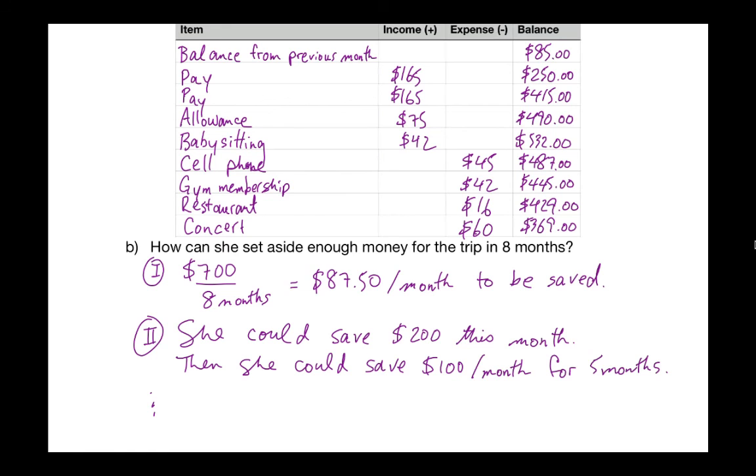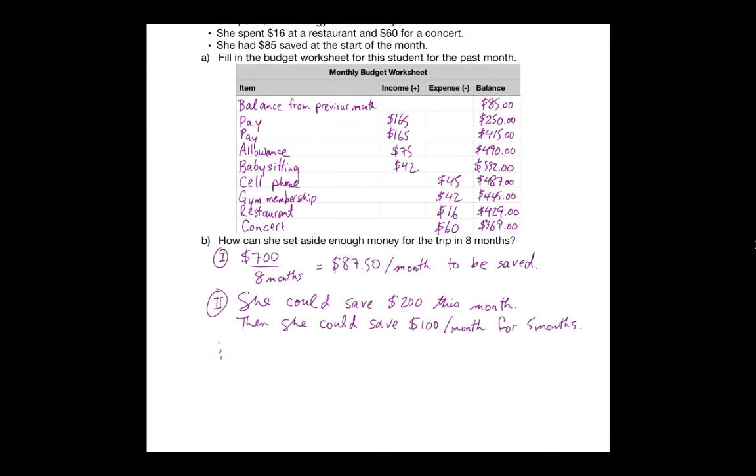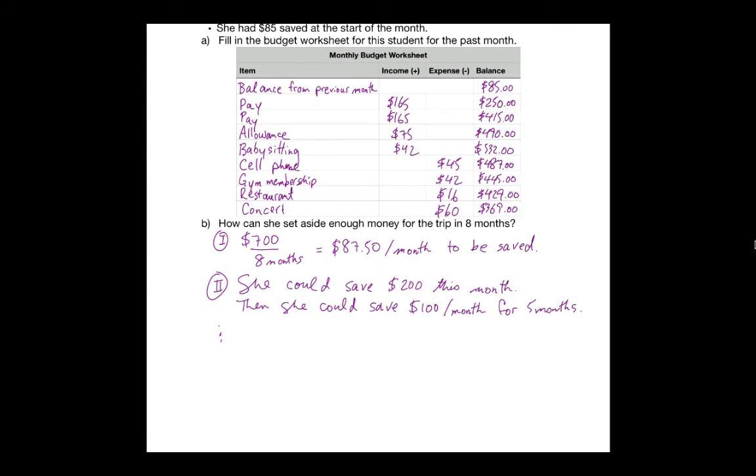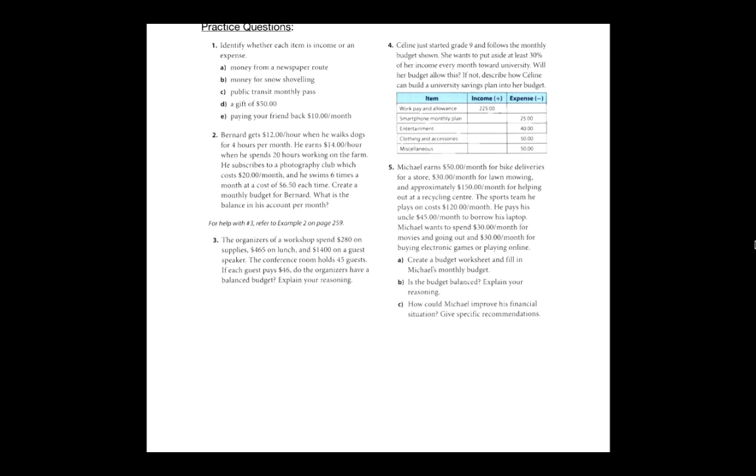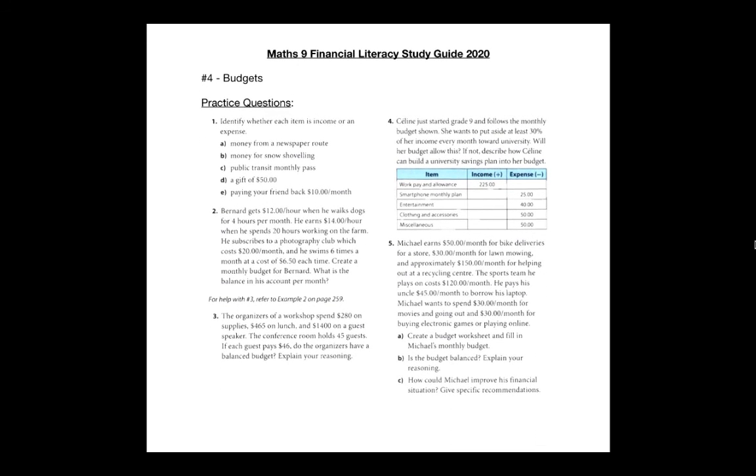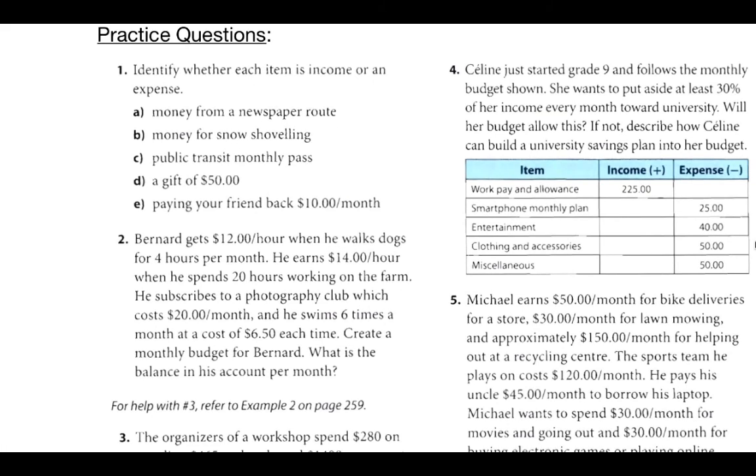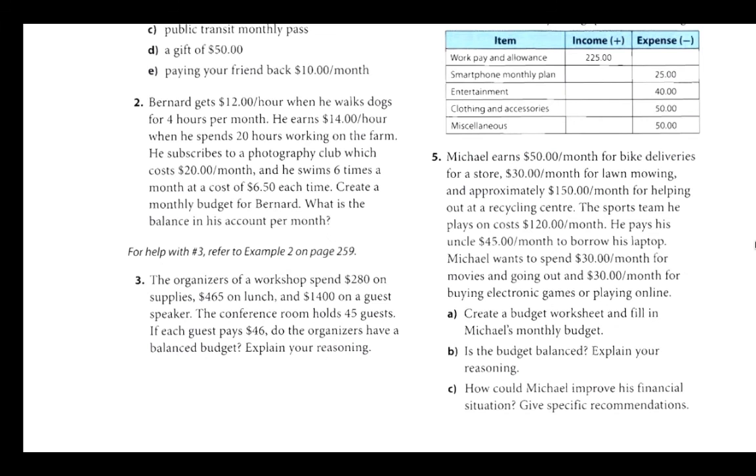So that covers a few examples. The next thing that you should do is you should follow this up with some practice questions. So here's what the practice questions look like for this section on budgets. So it would be a good idea to identify whether items are income or expenses, just to make sure that you're clear on the difference between those two things.